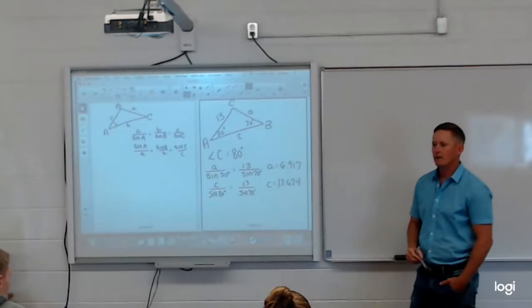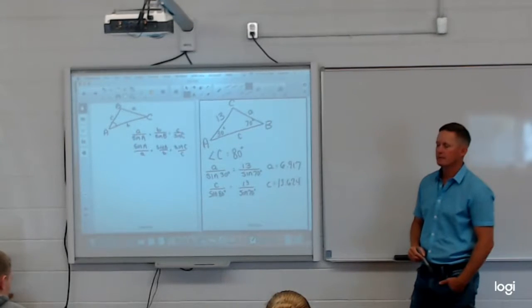How do you punch that into your calculator again? Sine 80 times 13 divided by sine 70. Sine 80, close your bracket, times 13, divided by sine 70, close your bracket, it equals.